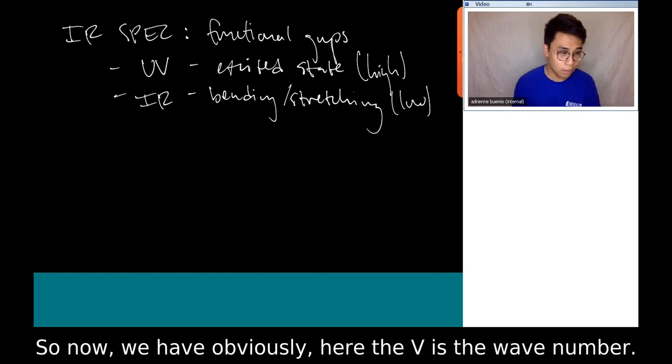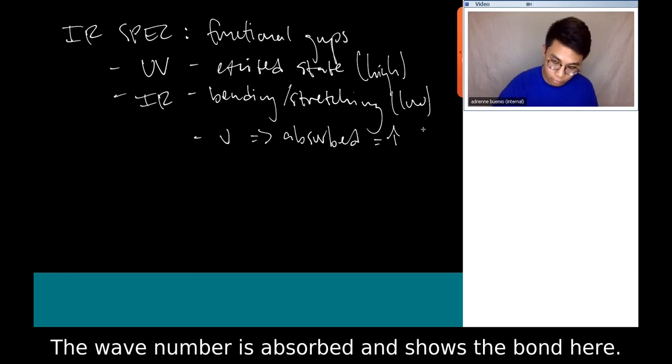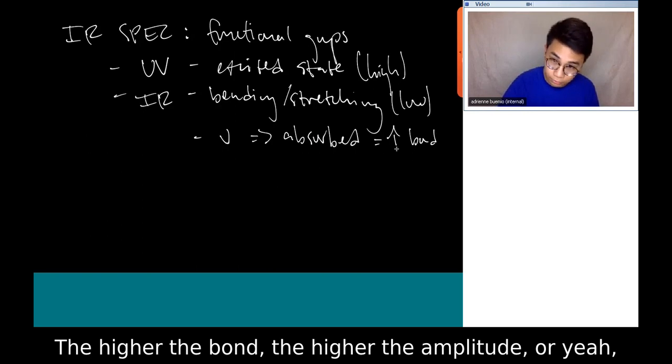So now we have, obviously here, the V is the wave number, right? Wave number is what is absorbed and shows the bond here. The stronger the bond, the higher the amplitude, right?